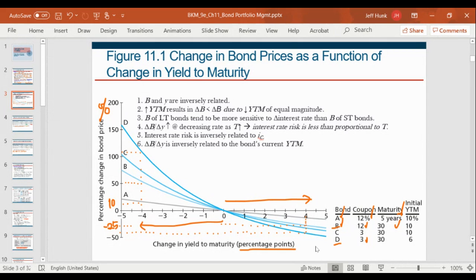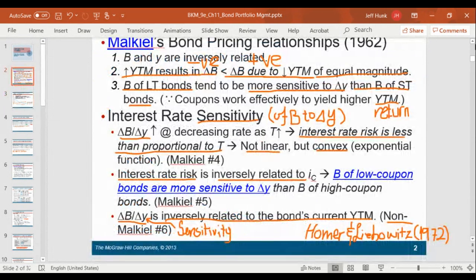And if the maturity is short term, there aren't that many coupons to be discounted, right? So it definitely pulls down the price, but it doesn't affect it as severely as long-term bonds. Okay, that's Malkiel's theorem number 3.